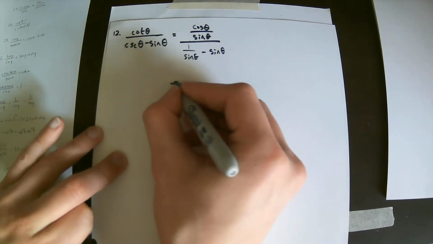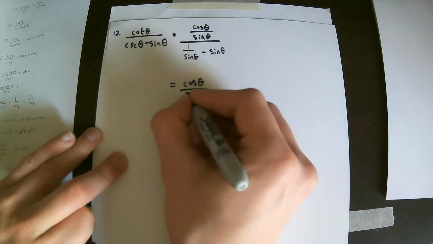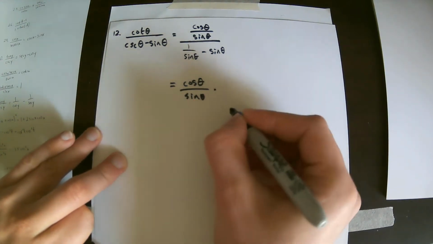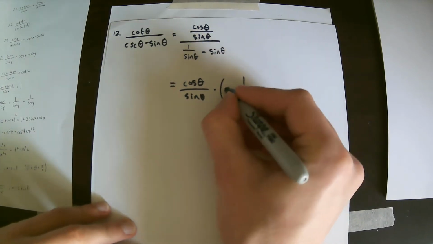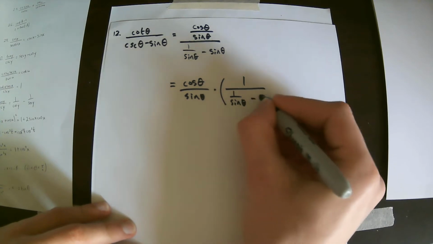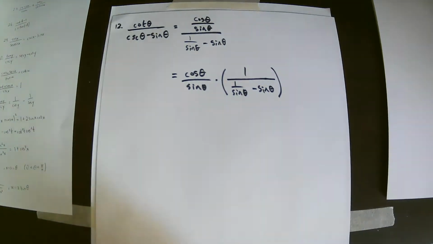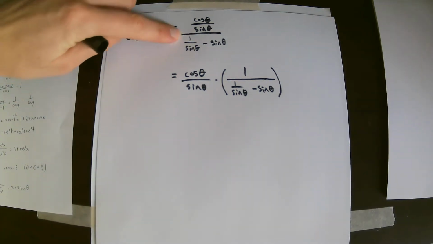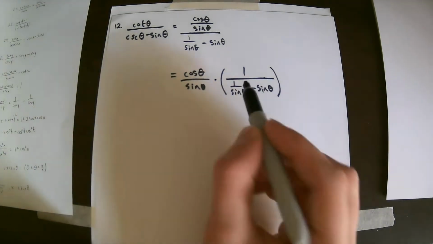I think we should write it as cosine theta over sine theta times 1 over that denominator. All I've done here is rewrite this division bar as times 1 over this.